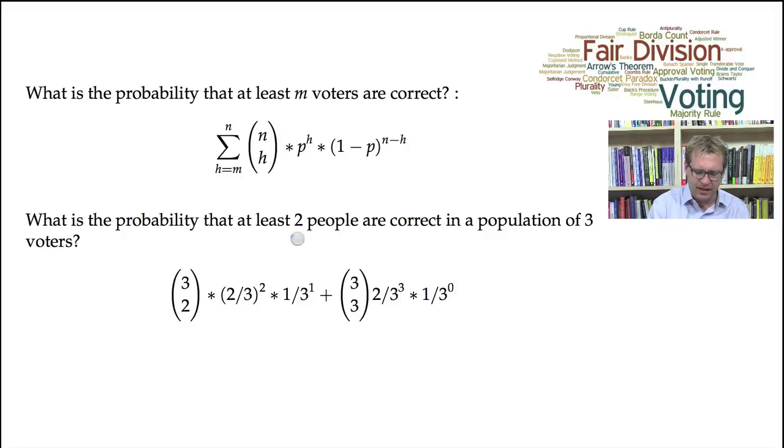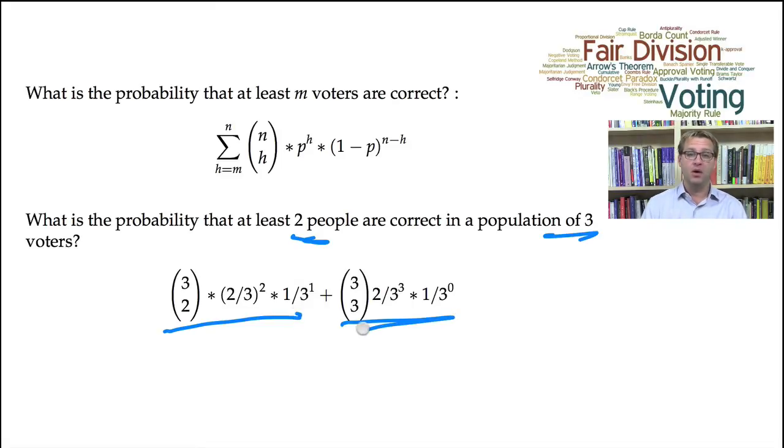What's the probability that at least 2 people are correct in a population of 3? Well, it's going to be the probability of exactly 2 people being correct plus the probability of everybody being correct. The probability of everybody being correct is just 2/3 raised to the 3rd power. So there's one way for everybody to be correct, and the probability of that is 2/3 times 2/3 times 2/3.